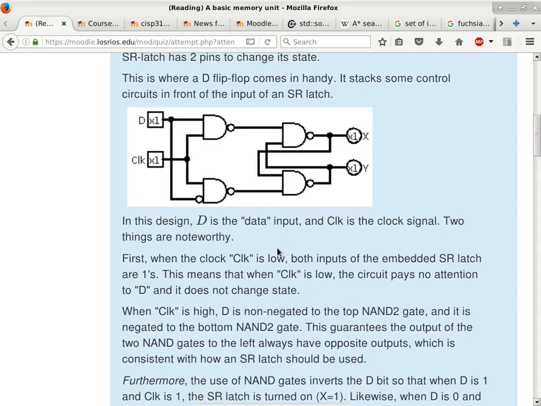So this is an SR latch. And we only care about Q. We'll just toss Q bar away, because that's not really that useful. So this is our /S, which is the set pin. This is our reset pin. And the reset pin is connecting to another NAND 2 gate where data is negated to 1.